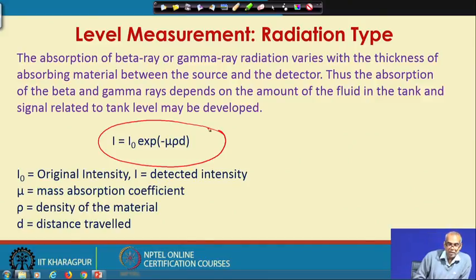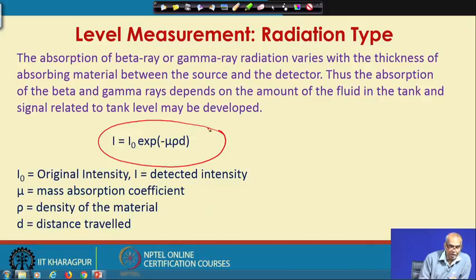So, as we said, the absorption of beta ray or gamma ray radiation varies with the thickness of the absorbing material. So, I have some material, let us say, and I am sending a radiation from a source.